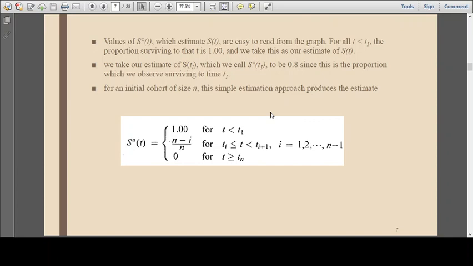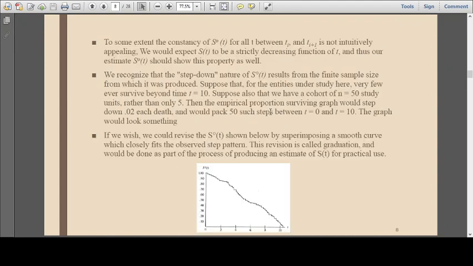Bear in mind, in this case we didn't know the values of T1 to T5, but if you have the data, you are going to use it when you estimate S naught(t).